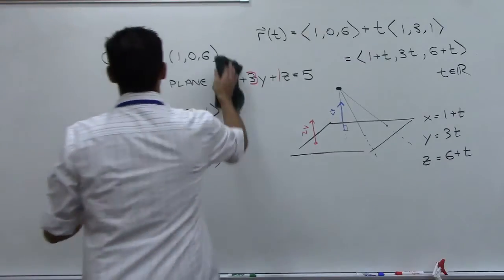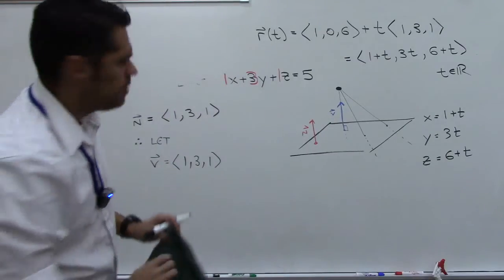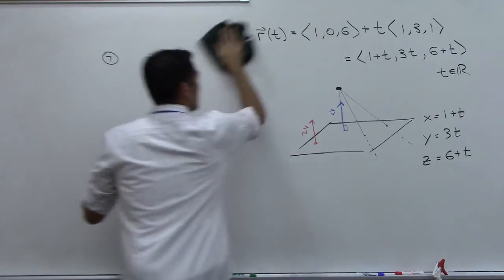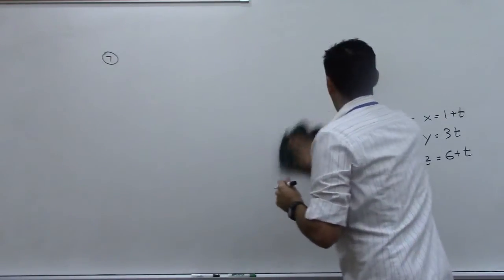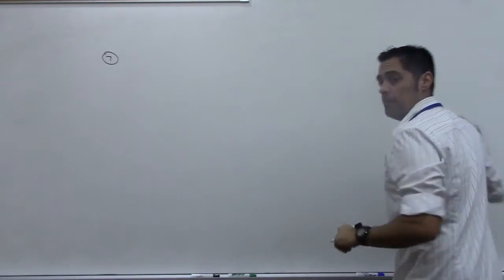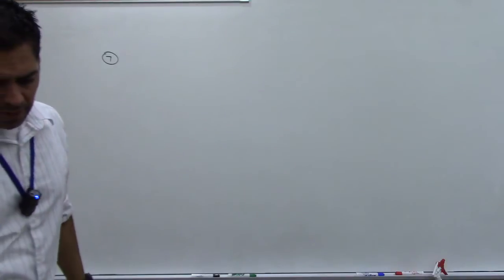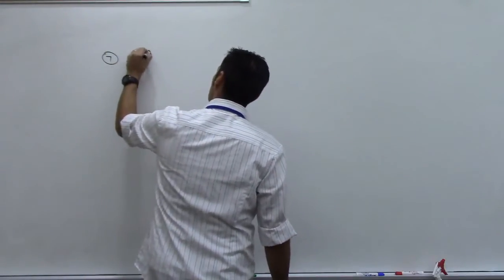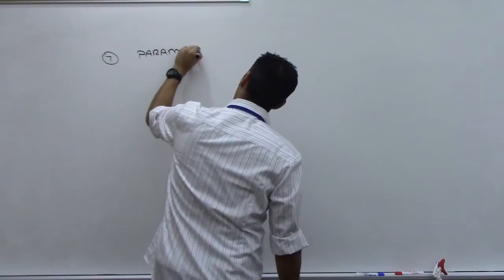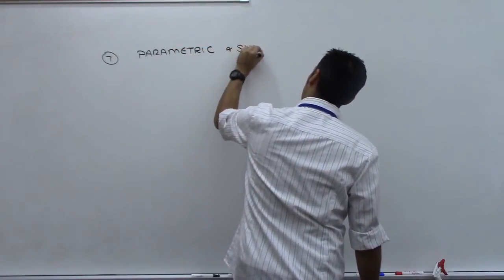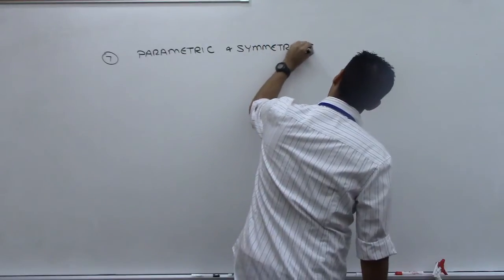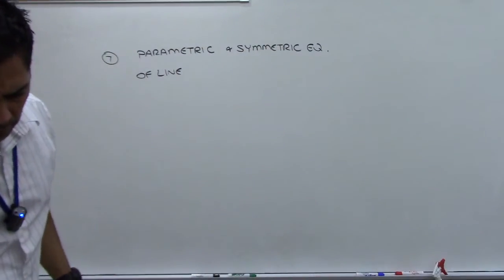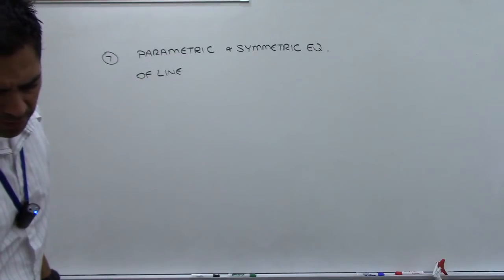Okay, now we're doing number 7. Number 7, find the parametric equations and symmetric equations of the line through 2 points.